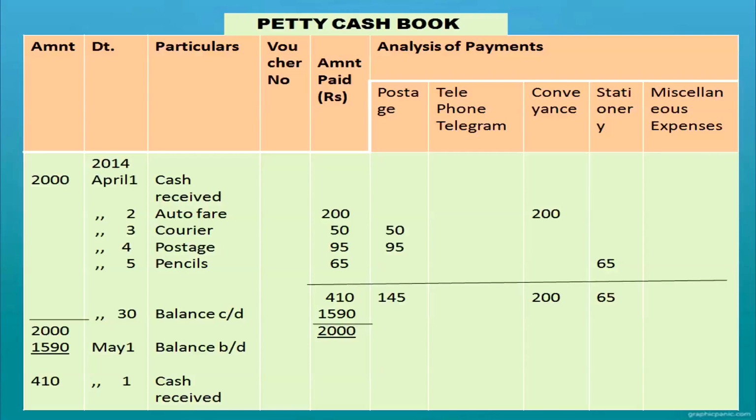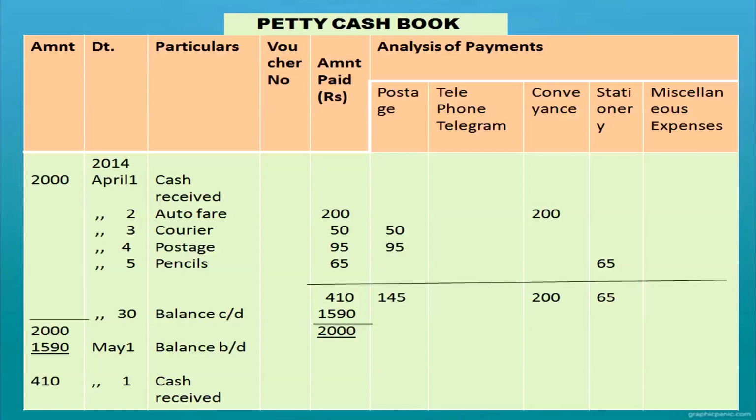And you have to total what all payments you have made. It came to 410. Balance two sides, that is 2000 minus 410 will give you a balance of 1590. Last date of that particular month, balance carried down 1590.